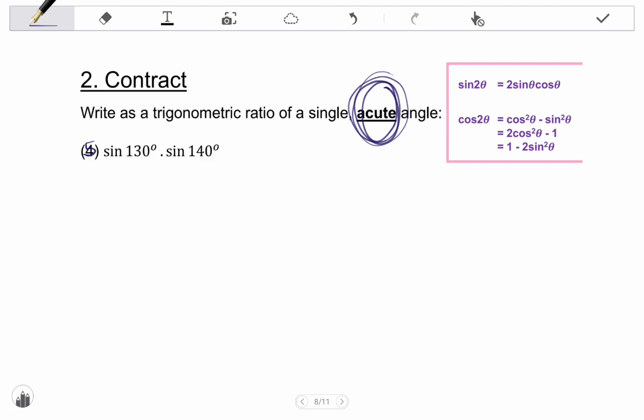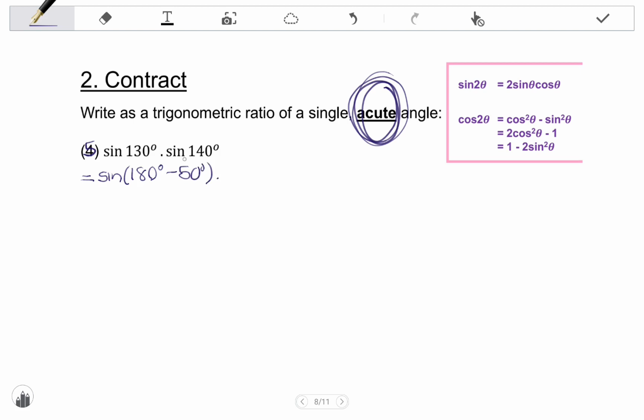So I'm looking for a situation where I can have a sine of an angle times cos of an angle, and that angle being the same. If I look at sine 130 degrees, since 130 degrees is in the second quadrant, we can rewrite 130 as 180 degrees minus 50 degrees.